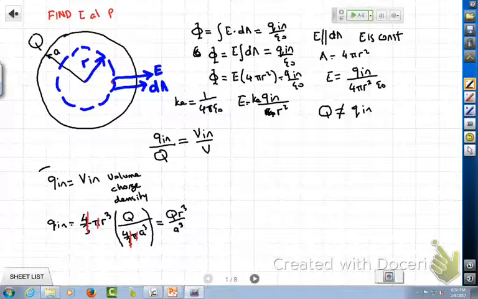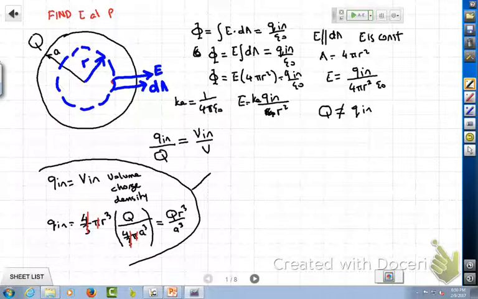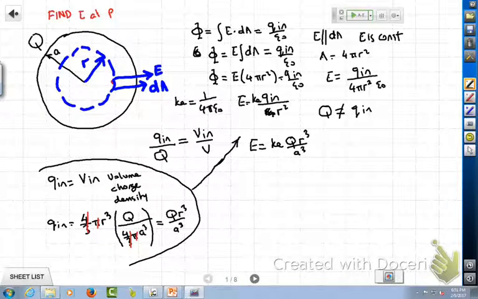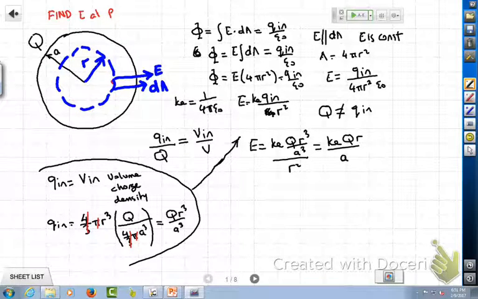So I take that and I substitute it in here. And I go, well, E is equal to Ke Q r cubed over a cubed, divided by r squared, which equals Ke Q r over a cubed.